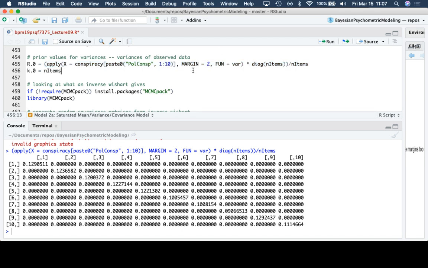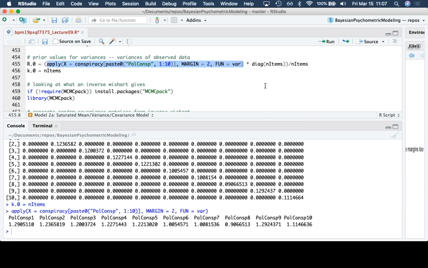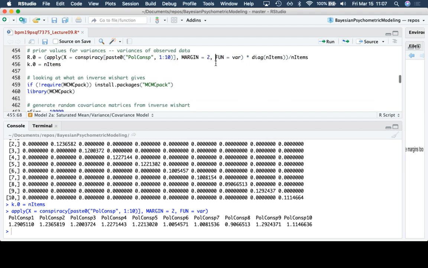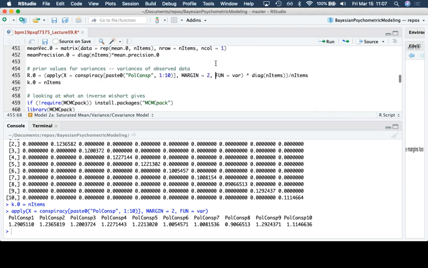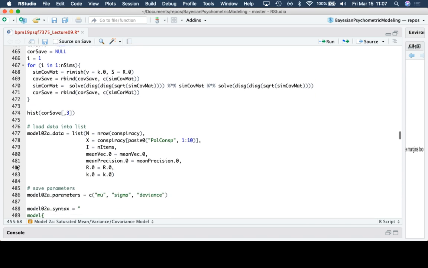And K is the number of items itself. This diag function takes this vector of variances and makes it into a matrix. That's all that's doing. I could play around with that, but let's just leave that for right now. Let's just go through this real quick.